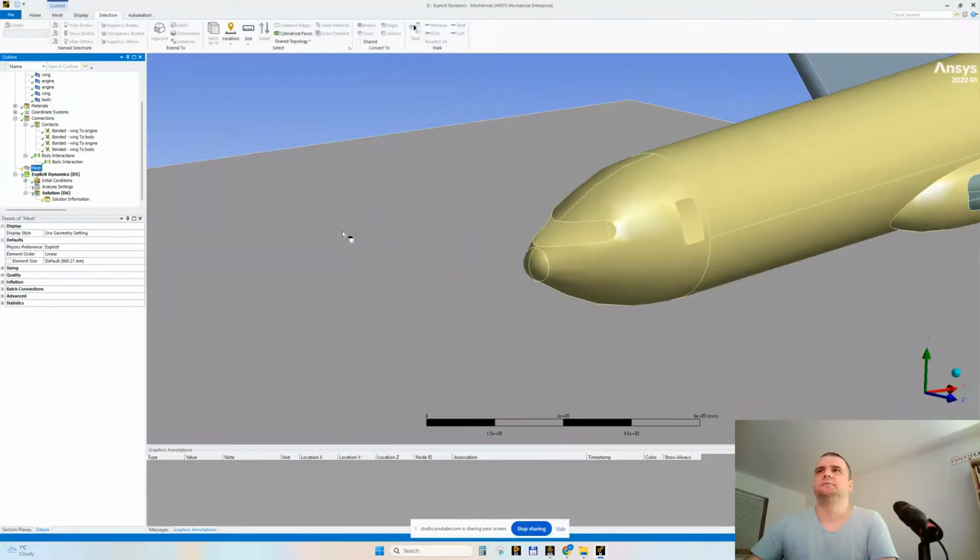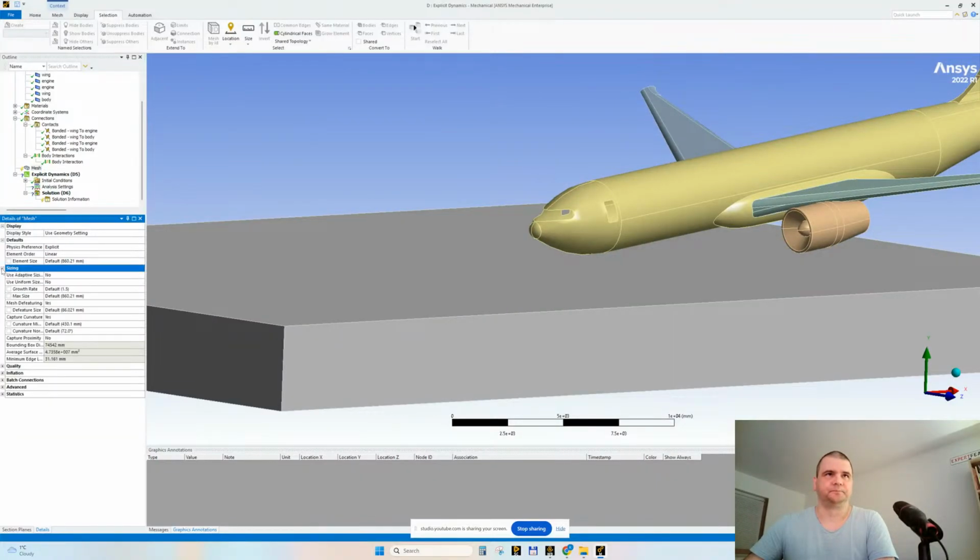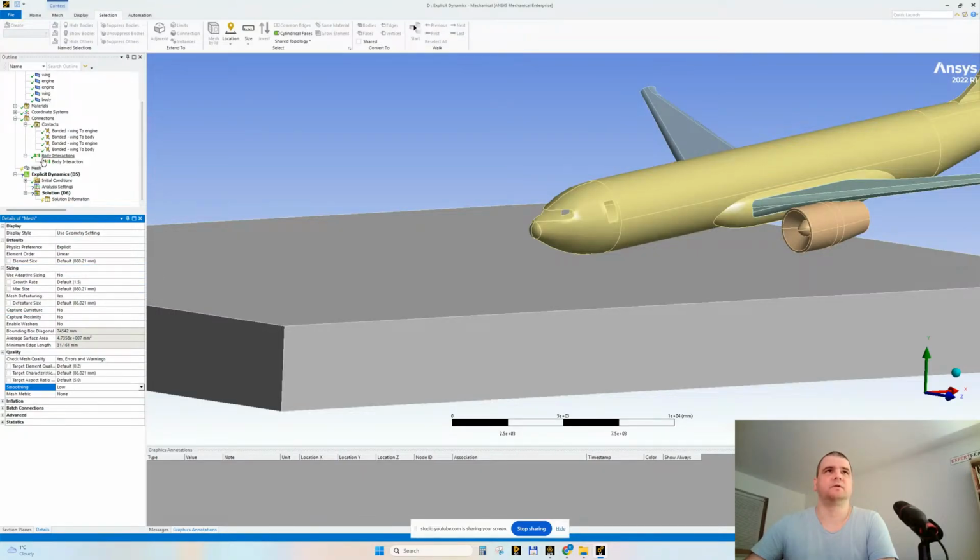Mesh, let's give it something for default, but make it here capture curvature no, and quality low. Save.